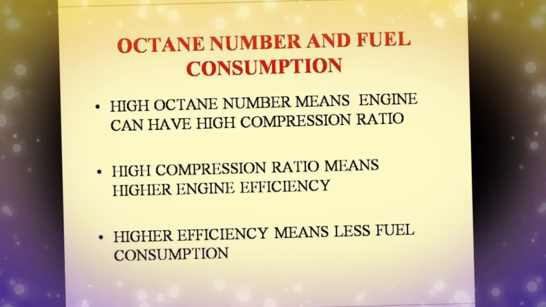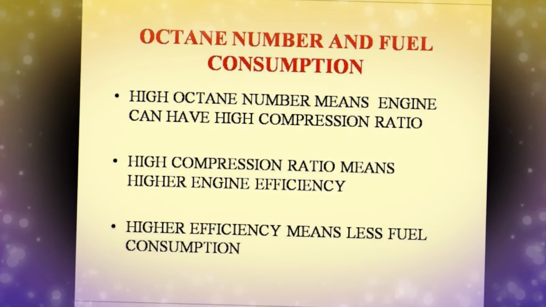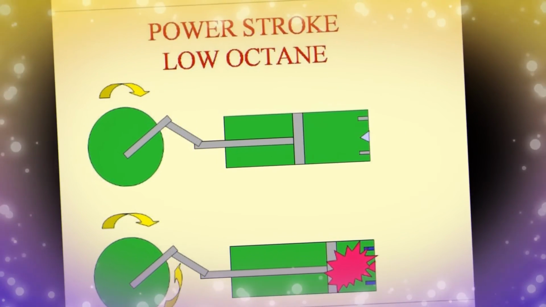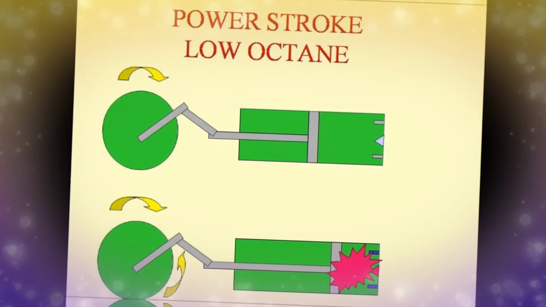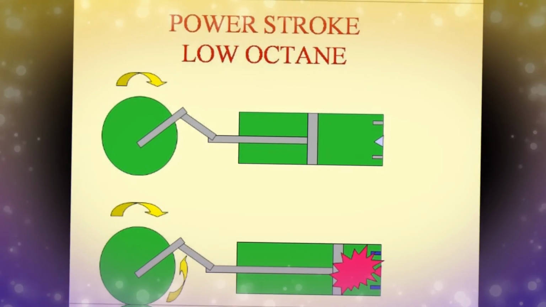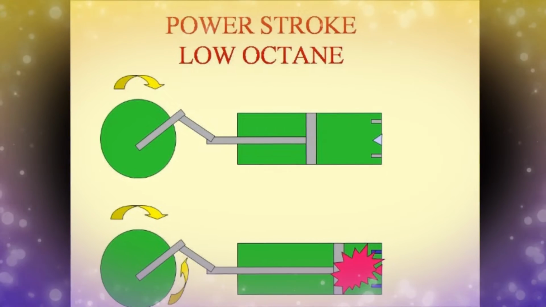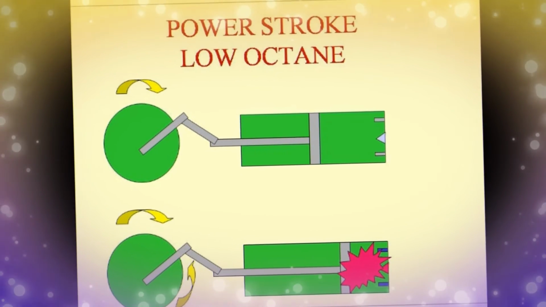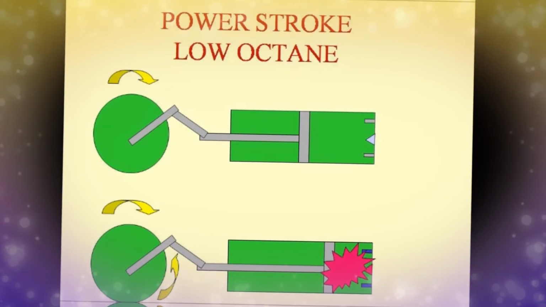Now as the piston moves, if it were a lower octane petrol, then before the piston reaches the position wherein the spark is supposed to ignite the mixture, the mixture ignites because of its auto ignition property. This leads to abnormal stress on the piston.